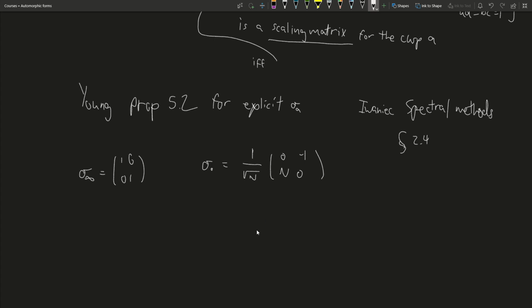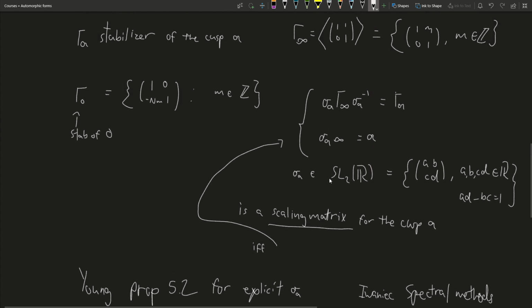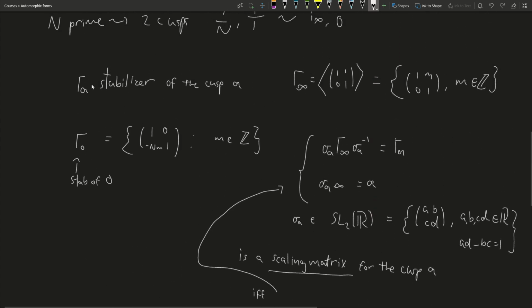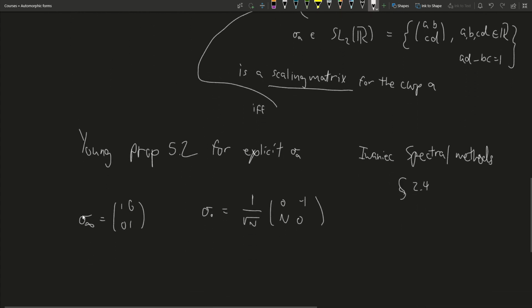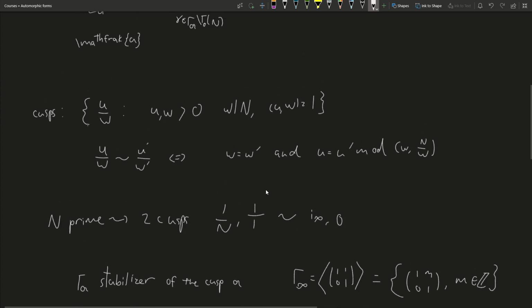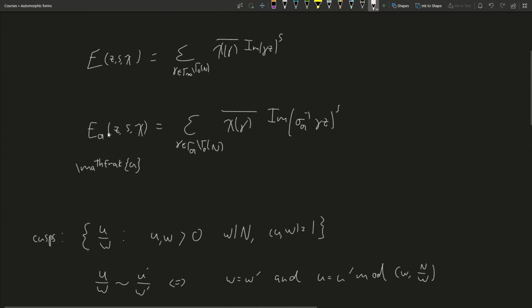And this also gives you a formula for these things. Okay, so we have these definitions of our gamma A's, which are stabilizers of the cusps, and these scaling matrices. So our Eisenstein series, you really have an Eisenstein series for a cusp, and it looks like this.